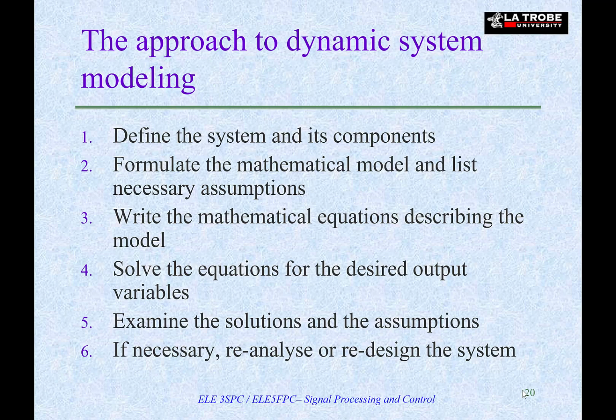The third step is to write out the mathematical equations describing the model that we come up with in the second step. Then we need to solve the equations for the system output. Once we solve the equations, we need to examine the solutions, and we also need to examine the assumptions because we may need to modify the assumptions.